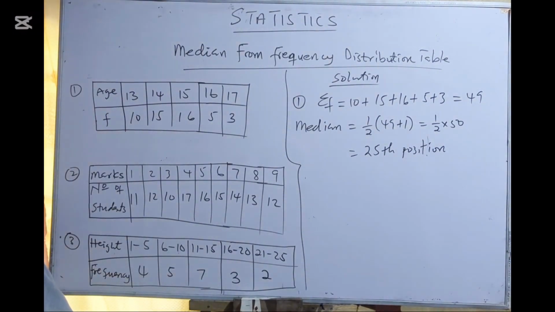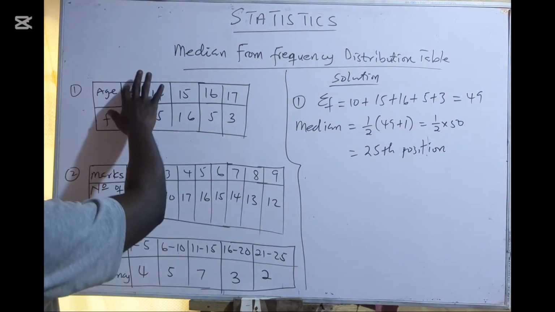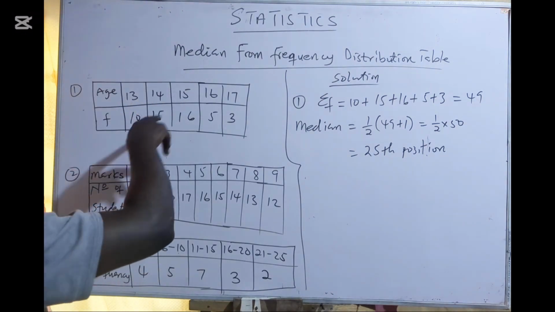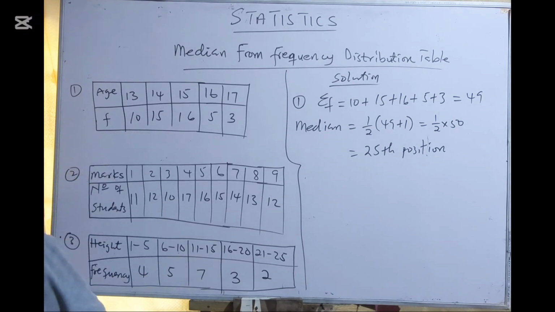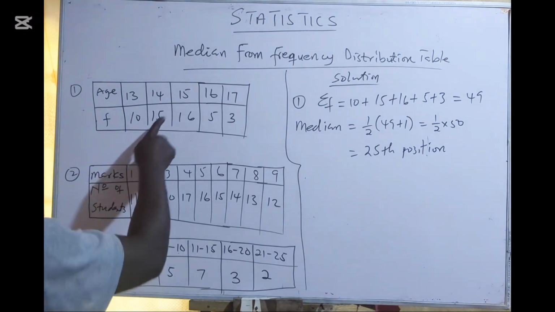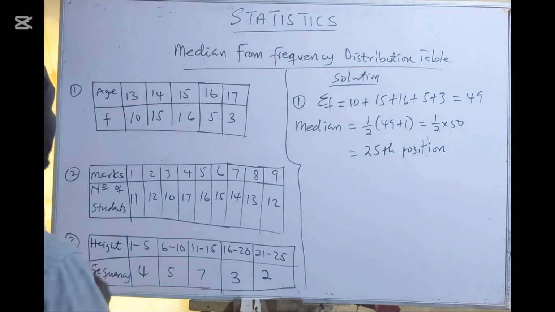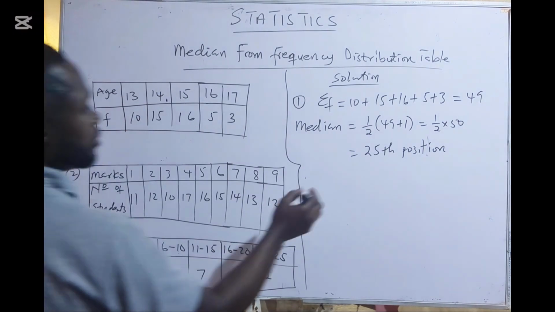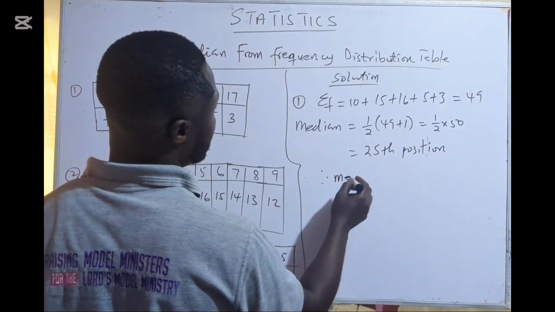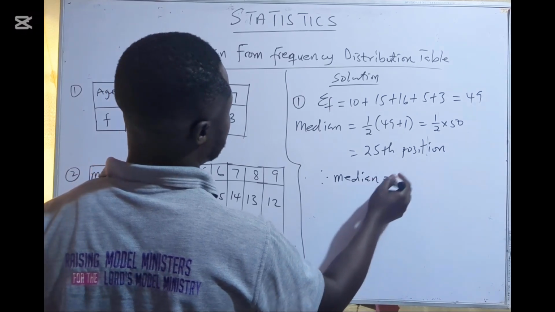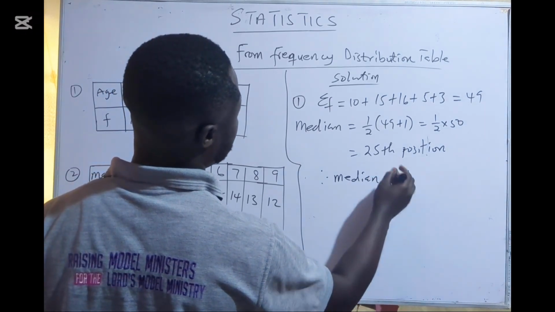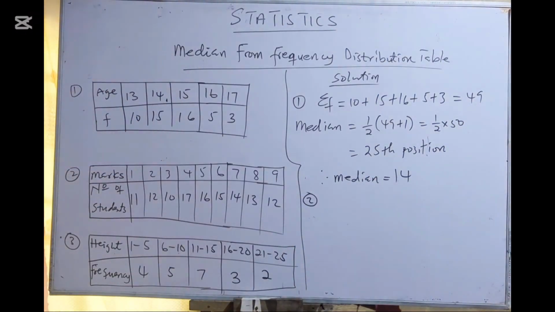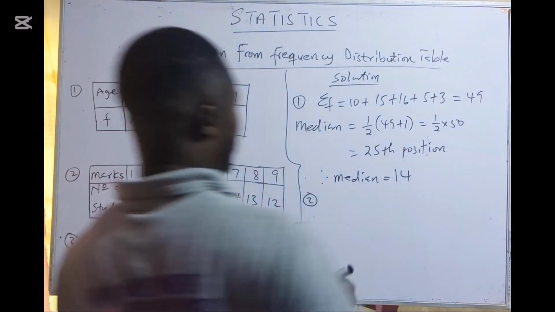The first 13 numbers are 10, so that is not where the median is. So you add 15 to 10, and that gives us 25. It is telling us that the last 14th number will be the 25th. So that is our median. The middle number is 14.